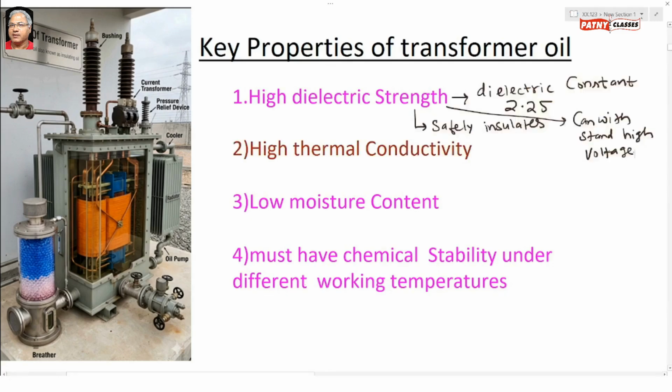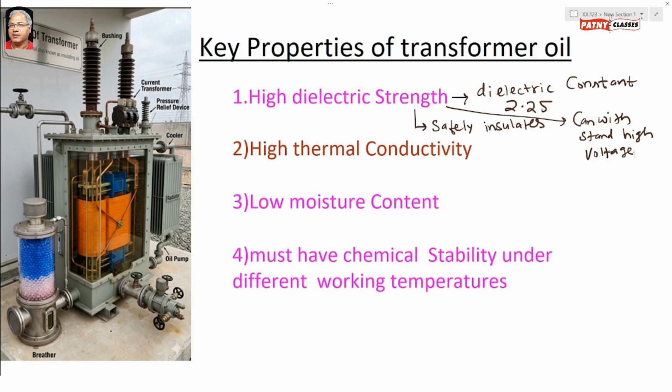This transformer oil, we said, must have high dielectric strength. Why? First of all, it should not break down. If it has high dielectric strength, it is not going to break down into components because it is hydrocarbon based oil.